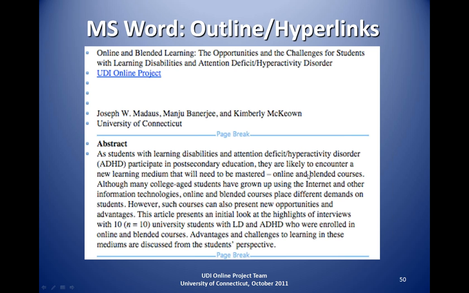MS Word, the outlining and the hyperlinks feature. And again, just to emphasize that different tools can be used in different ways by different faculty. Joe talked about the faculty as designer, and that is one of the underlying premises of the toolbox and the tools.